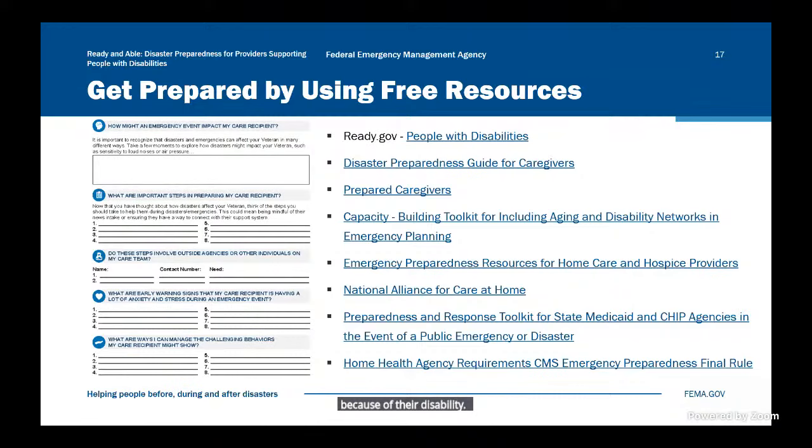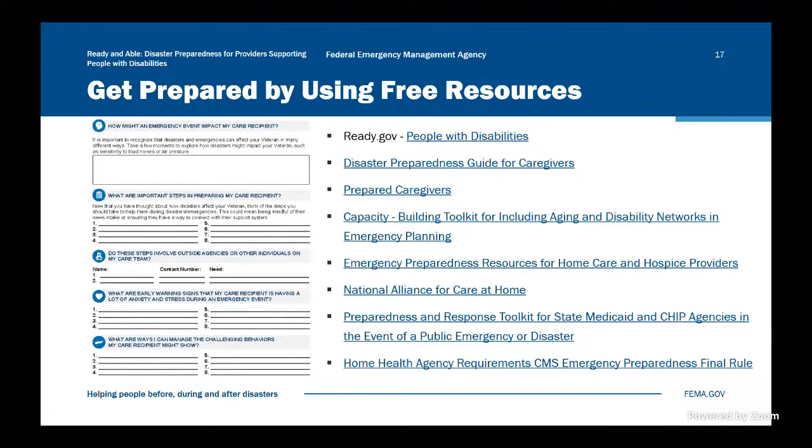And then going down, it gets a little more detailed and based more on being a provider, a caregiver. The top ones are about caregivers, some of them are family, some of them are specific to paid caregivers. And then we have one that's home care hospice providers. And then at the bottom, there's some that may or may not be applicable to your agency about what the requirements are for agencies that receive federal funding.